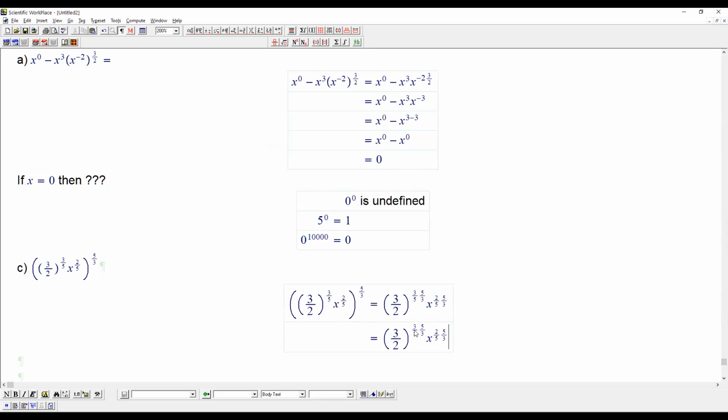So the 3 cancels out and the 5 cancels out. So I just get 1 there, so I can just remove it. And here the 5 cancels out, but I get 2/3, right? And I don't think I can do anything more than that. Yeah, I think that's right.